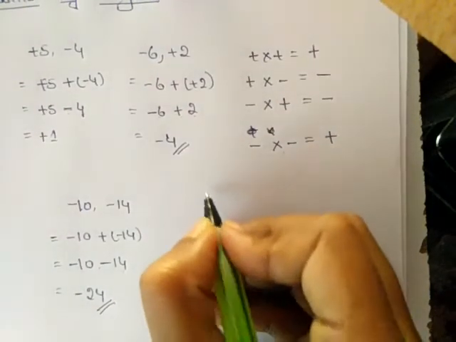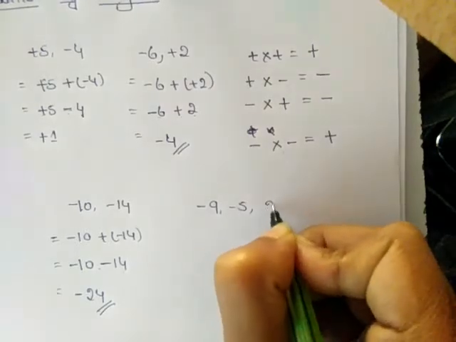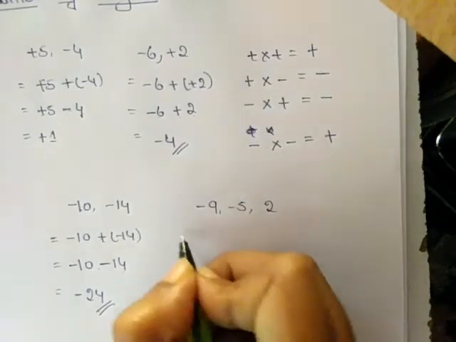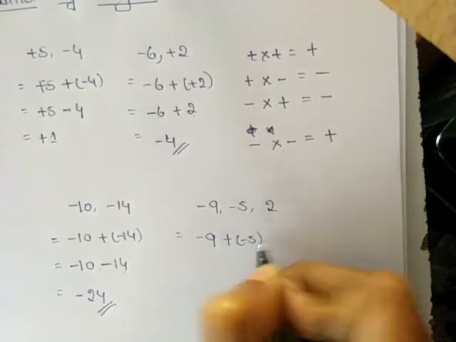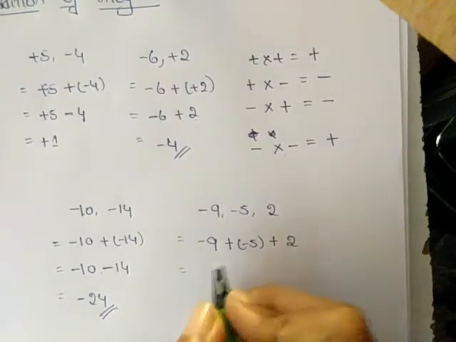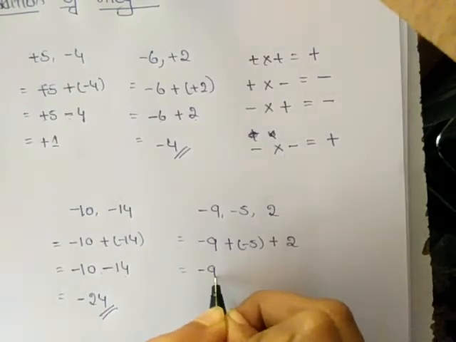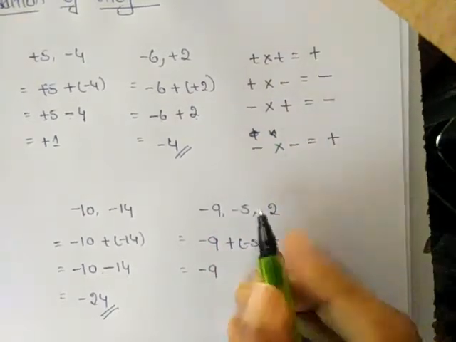Next we will learn how to add 3 integers. Minus 9, minus 5 and 2. Then minus 9 plus minus 5 plus 2. We'll keep this minus 9 as it is. Plus into minus, it is minus.